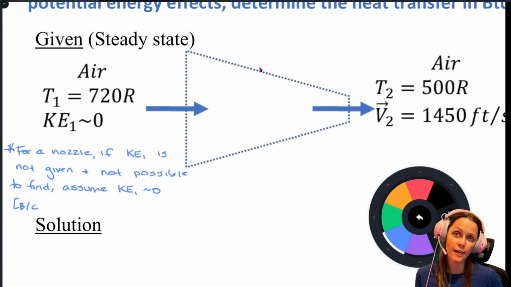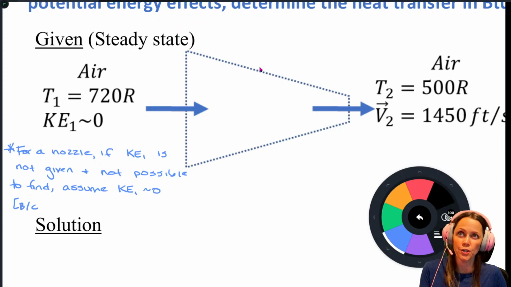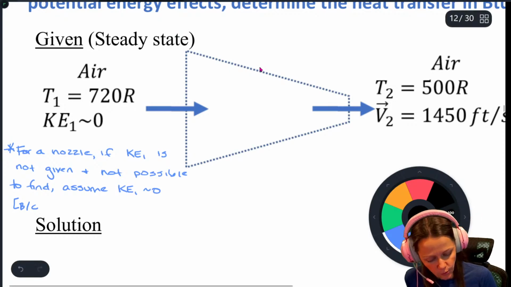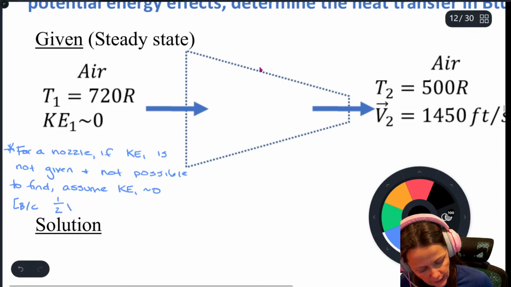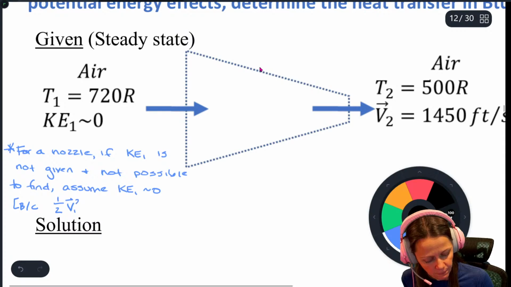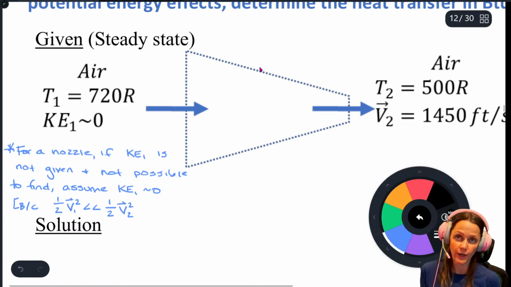It's a sort of scaling analysis: what terms are going to be the most important in your equation? When you compare the kinetic energy at the inlet, it's going to be much, much smaller than the kinetic energy at the outlet.